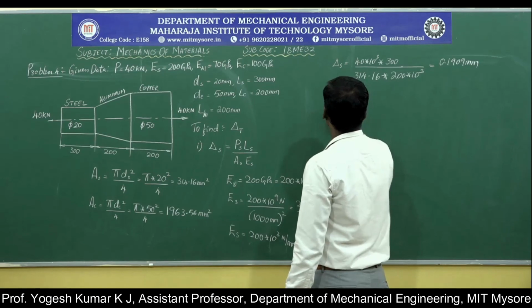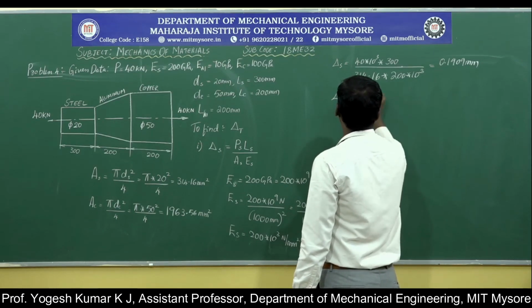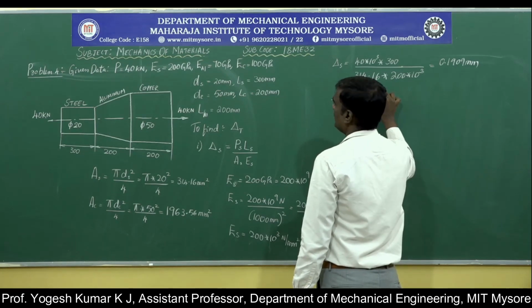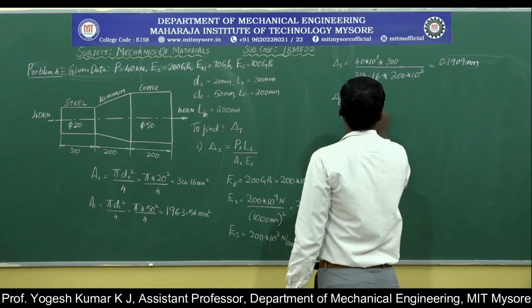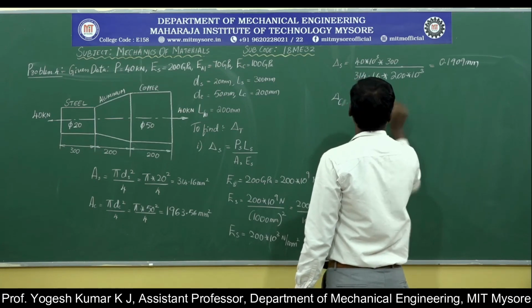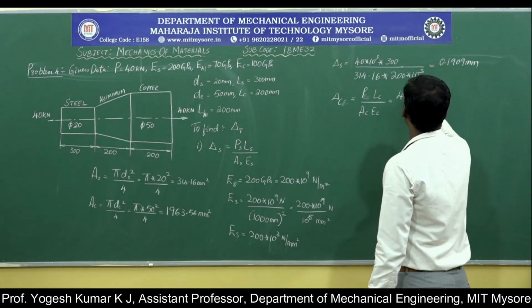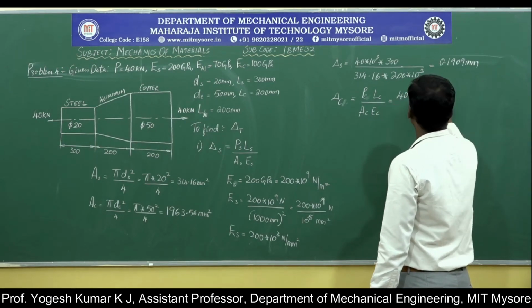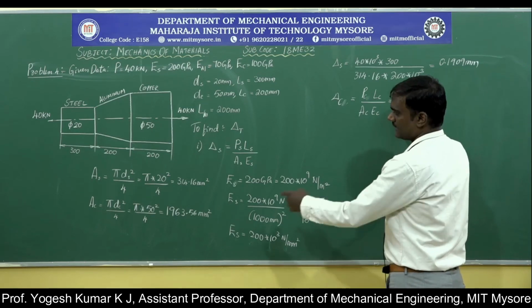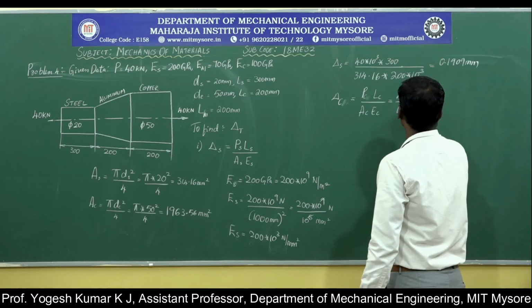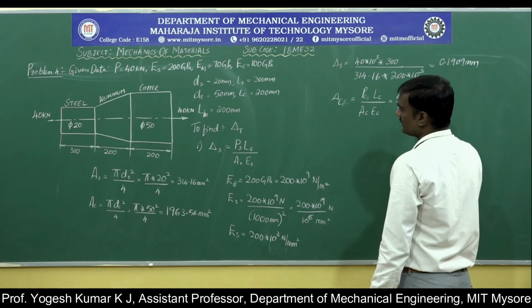Let us find the elongation of copper also. So copper, it will be PC LC divided by AC into EC. So PC, the load, is 40 into 10 power 3, the length of copper 200 mm, area of copper we found as 1963.56, into the Young's modulus of copper.